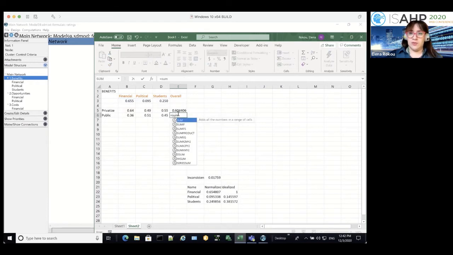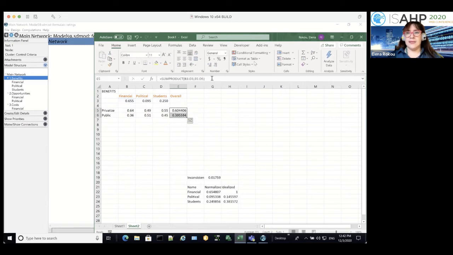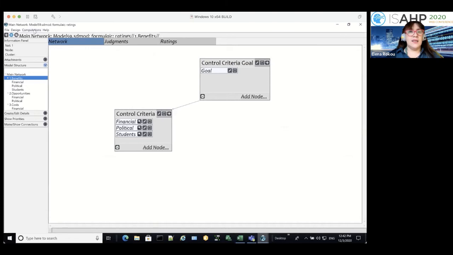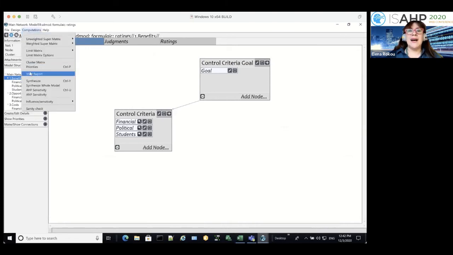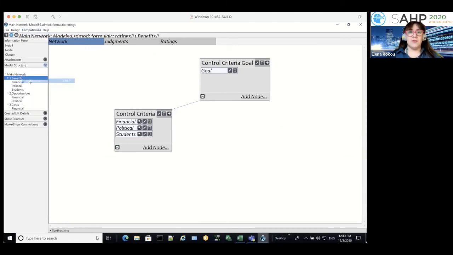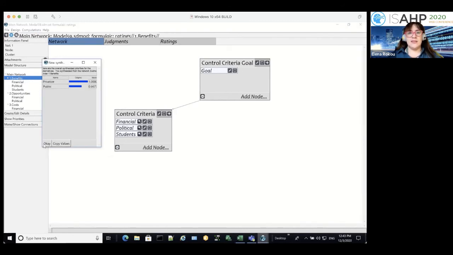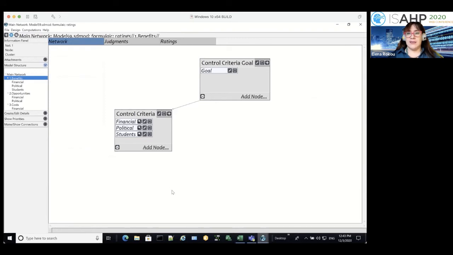Similarly, I'm going to do it for the second alternative. And let's make the number just a tiny bit more readable. And let's take the value from Super Decisions. Mind that obviously we will have a tiny difference. I'm going to synthesize now at the benefits level, answering the question, which alternative solution is the most beneficial?